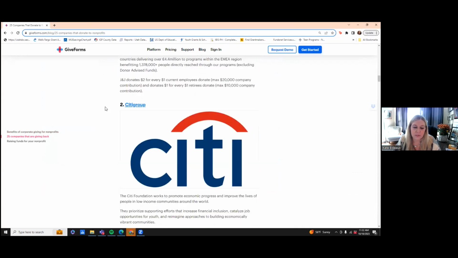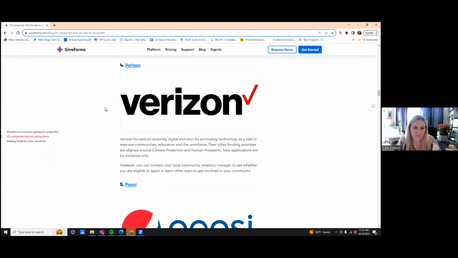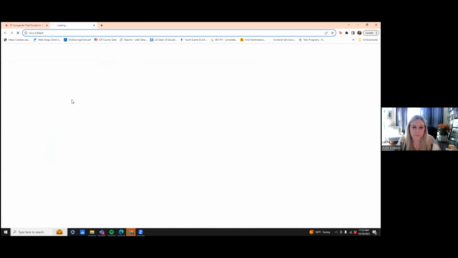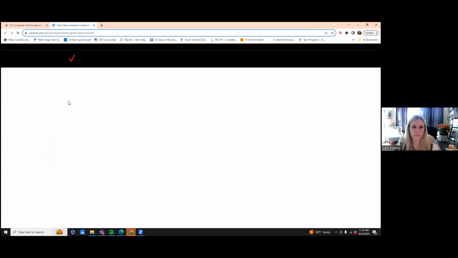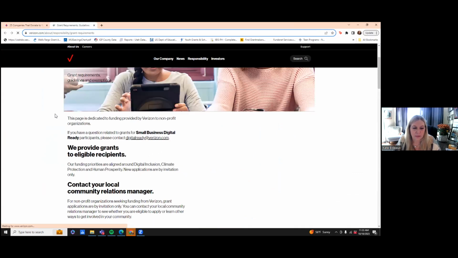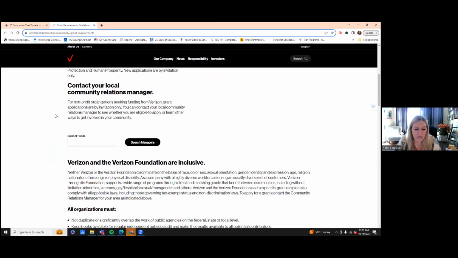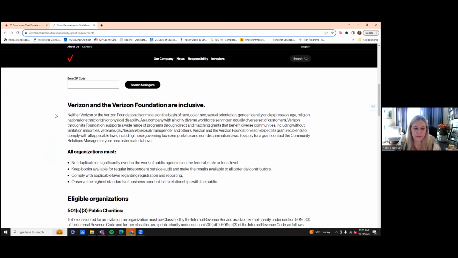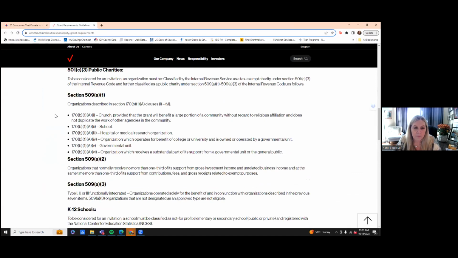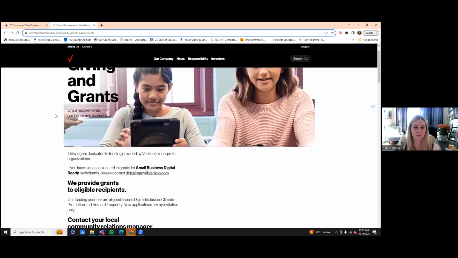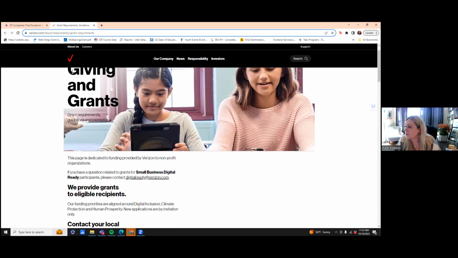But what I think is really cool, let me find one, Verizon, for example. And what I love is it gives you information about the foundation, but it also talks about how they double the donation of their employees.